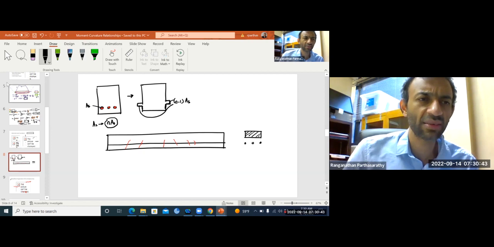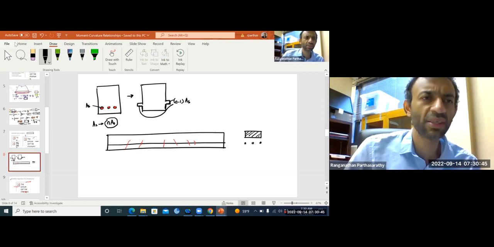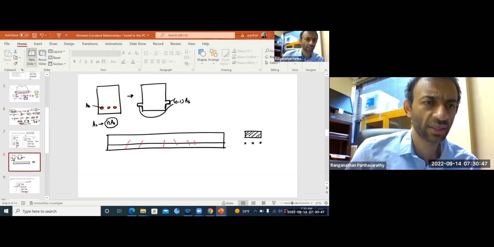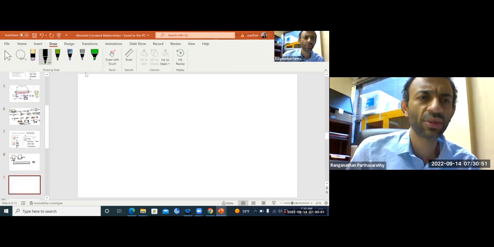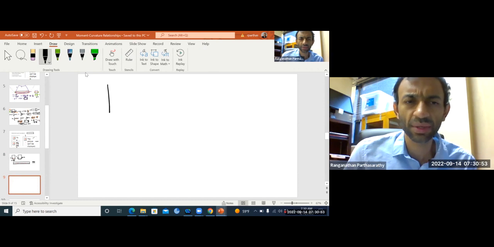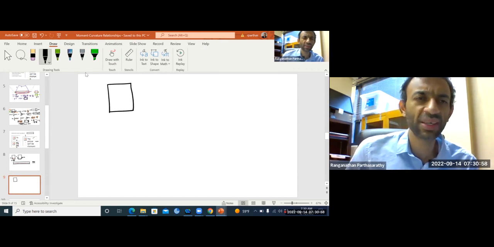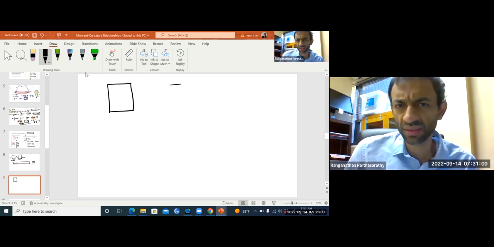So let me just explain very briefly. Here we have a beam. Now, this is the cross section of the beam. When we draw the entire length of the member and then we just show the cross section, this is one section from the beam.